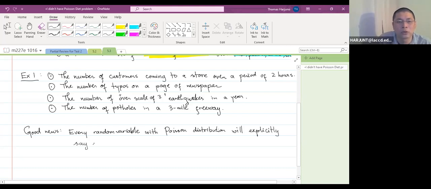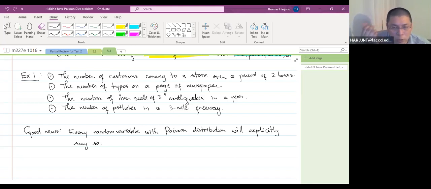So if we are dealing with, for example, the number of customers coming to the store over a period of 2 hours, they will explicitly tell you it follows the Poisson distribution. It's not like binomial distribution in which you have to identify that yourself. Oh, when you toss a coin 6 times, the number of tails will follow binomial distribution, right?